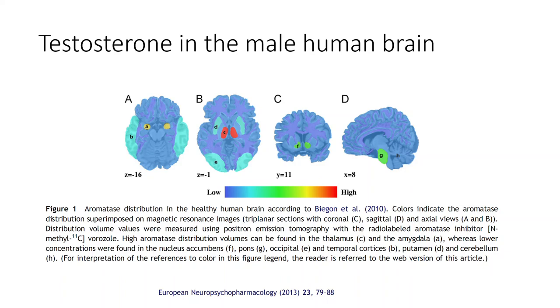So they must have a wide range of influence, and they're in the putamen as well. That's D, as well as in the cerebellum, H, which is kind of hard to see. Oh, there it is. So testosterone all over the brain.